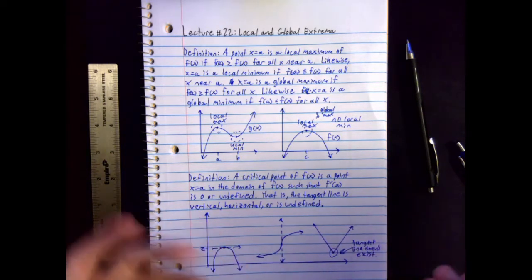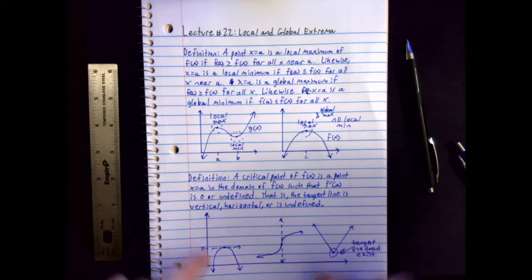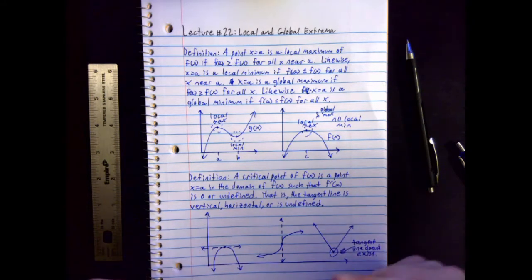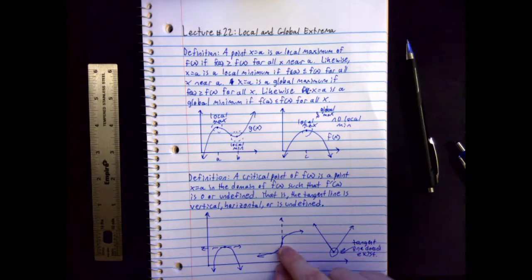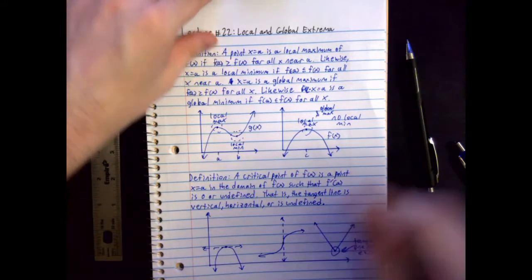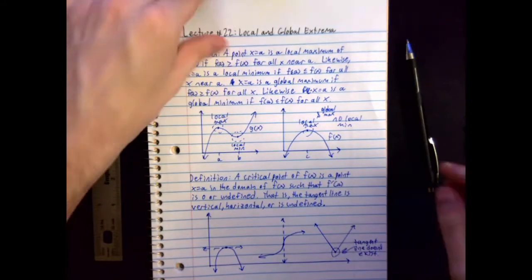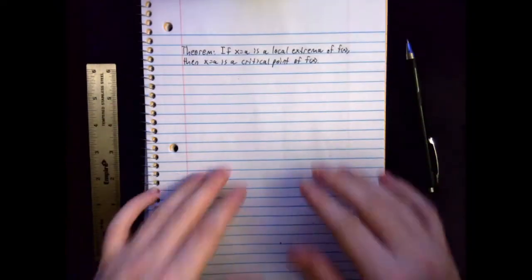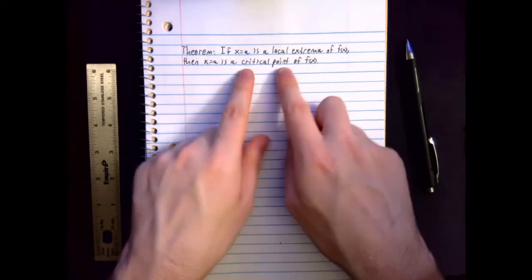So let's just be careful not to get that confused. If you are at one of these points, then you're definitely at a critical point, but the converse of that is not necessarily true, because you can have this sort of business happening. Okay? Maybe we'll do some specific examples with these functions.